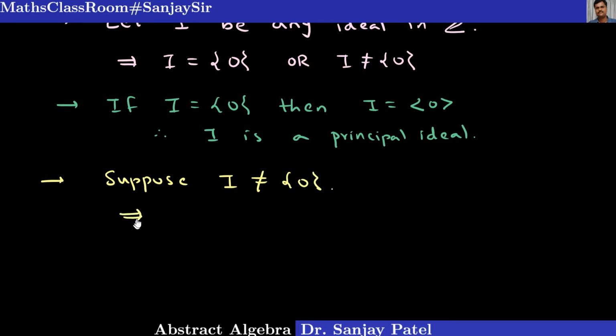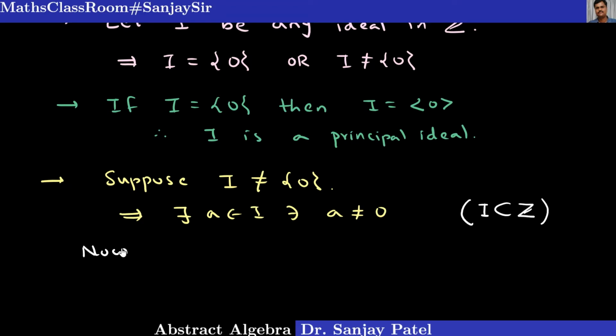This implies there exists some a belongs to I such that a is non-zero. Remember that this I is a subset of Z, so elements of I are all integers. So a is also an integer, and a not equal to 0 means a is a non-zero integer.